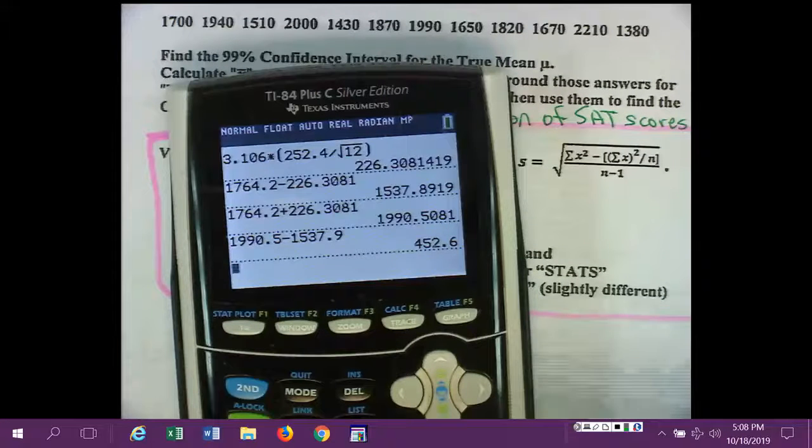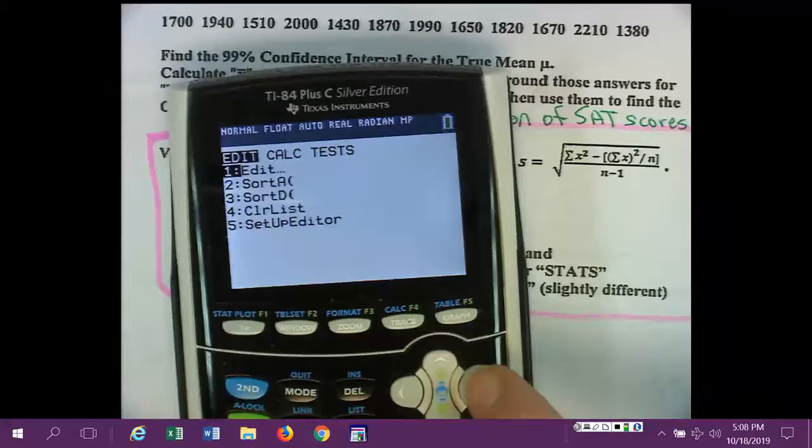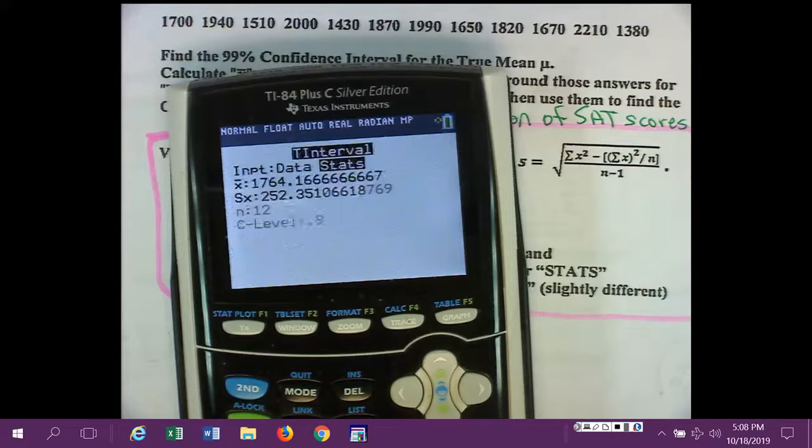So clear, go to stat, arrow over to test, and go down to number 8. Even though this is a raw data problem, and I'm given the raw data, I personally feel like it is better to calculate it as a statistical problem.